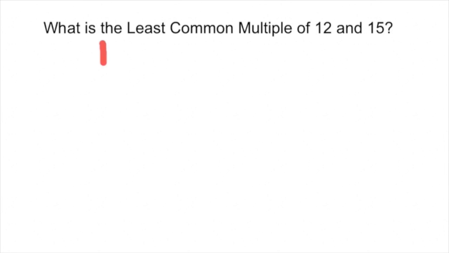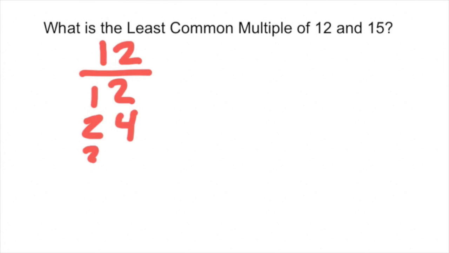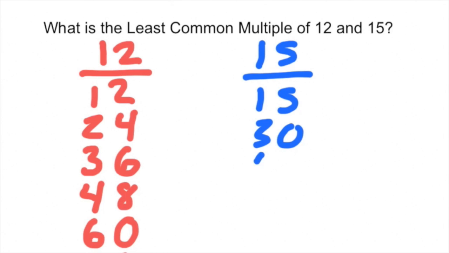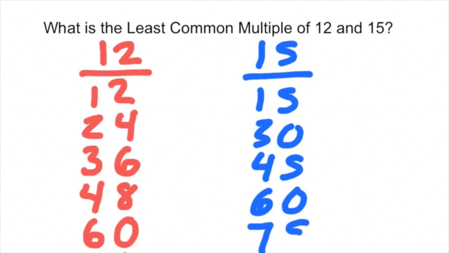So multiples of 12 are going to be 12, 24, 36, 48, 60, and so on. Multiples of 15 are going to be 15, 30, 45, 60, 75, and so on.